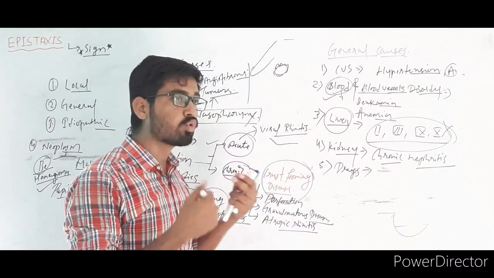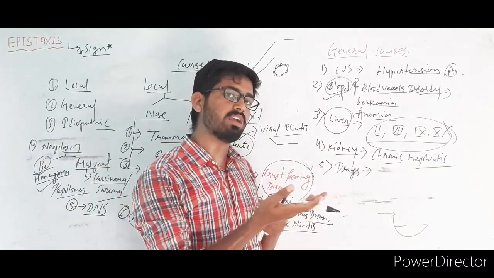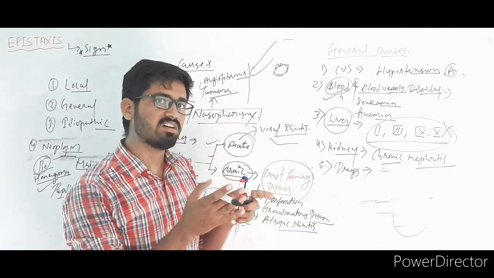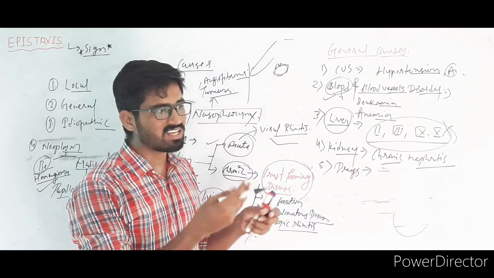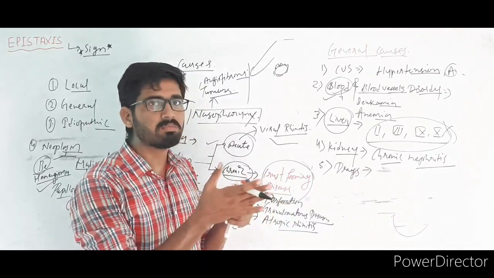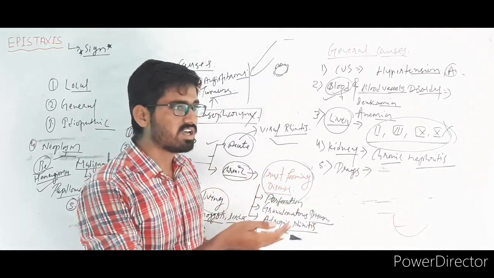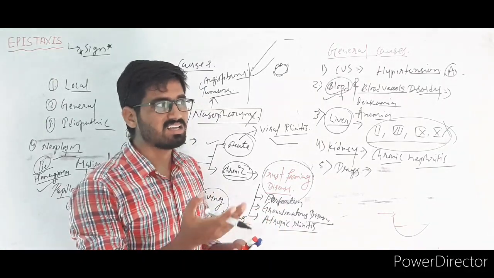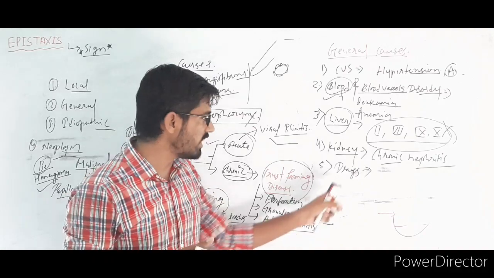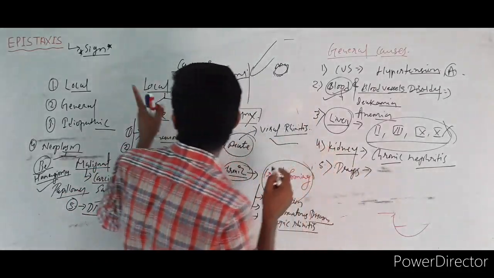If you are on anticoagulant therapy, the coagulation mechanism will not take place, so this will cause bleeding. And if you are taking analgesics, that also will cause bleeding, right?